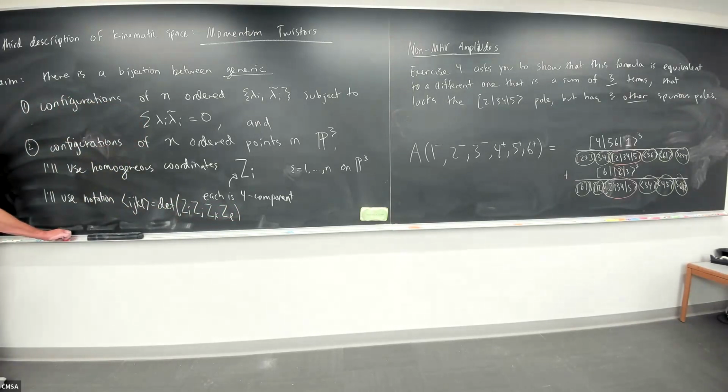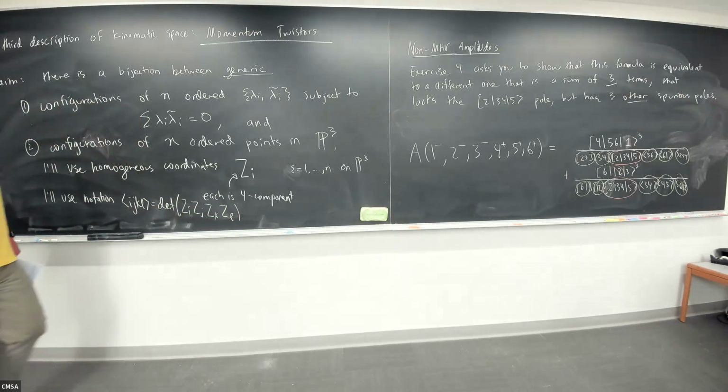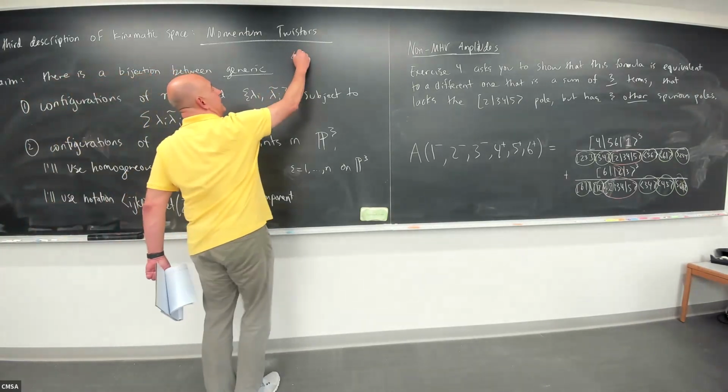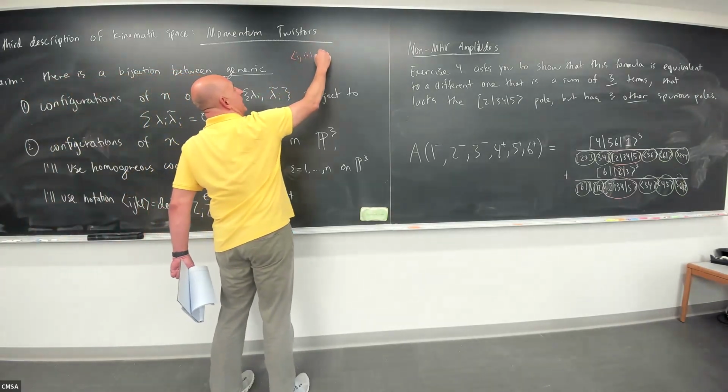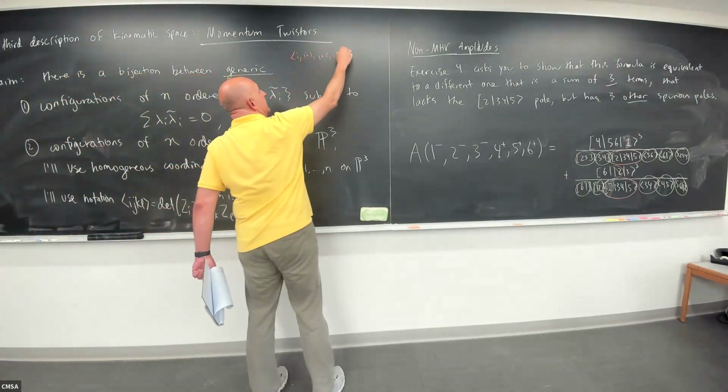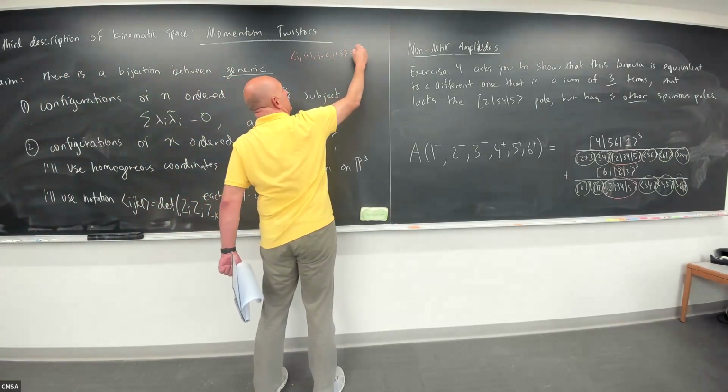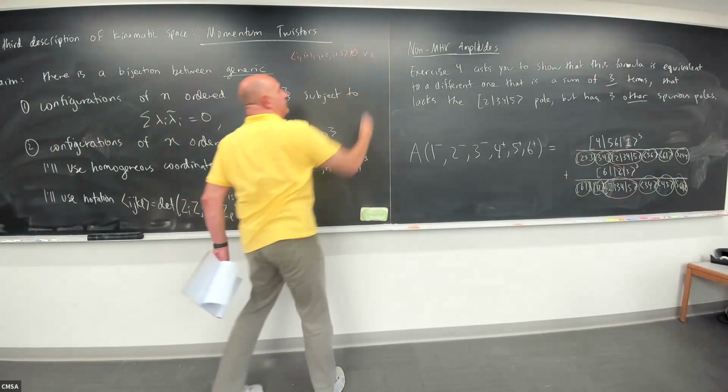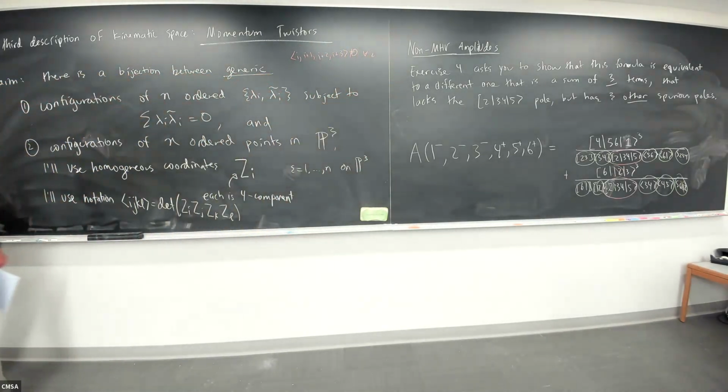And now, generic means several things, but among other things, it means that ⟨i i+1 i+2 i+3⟩ is not equal to 0 for all i. I think this is the usual way in which mathematicians use the word generic. You don't want to accidentally have 4 cyclically consecutive points being coplanar.